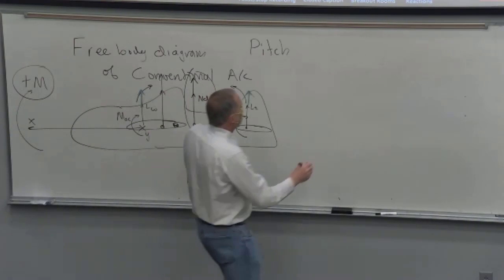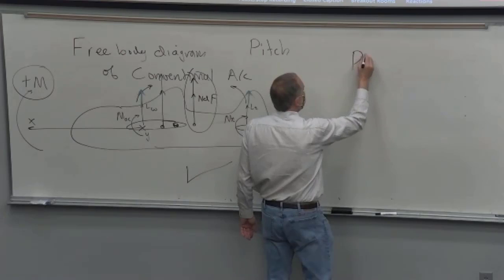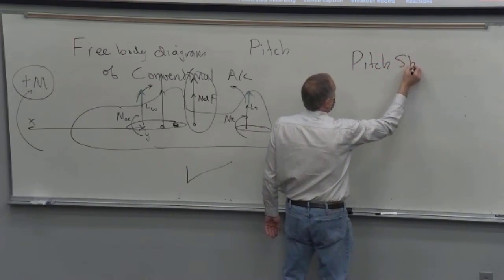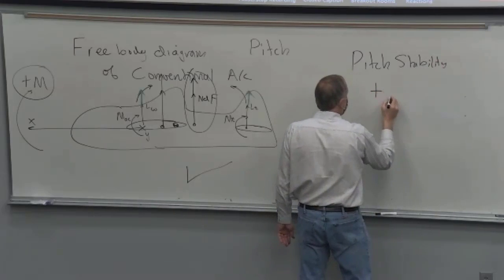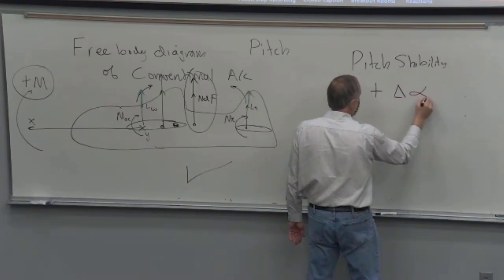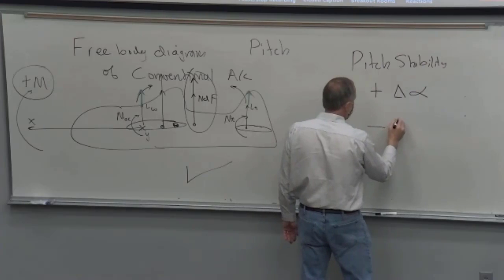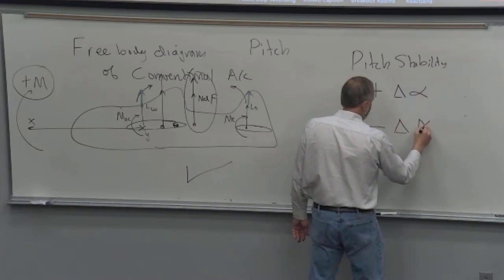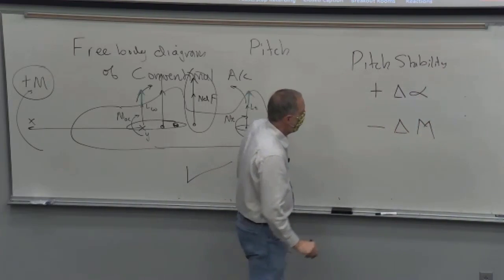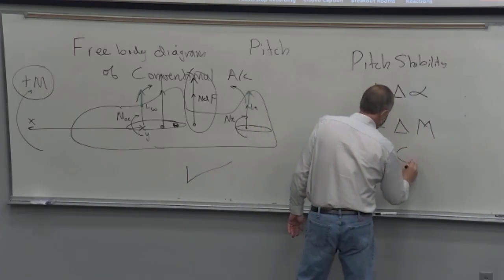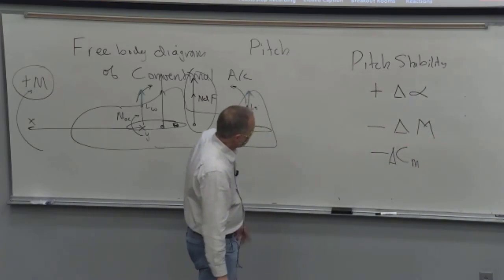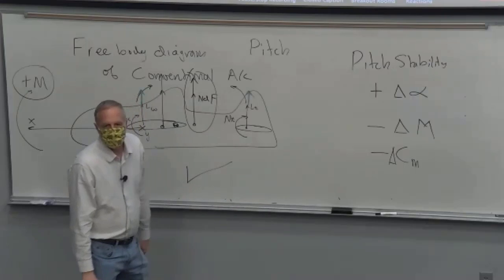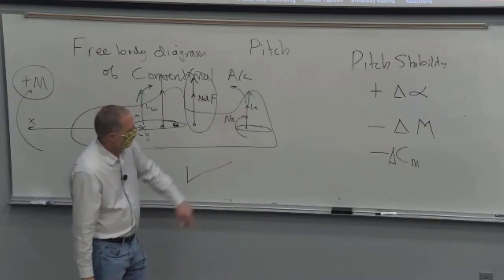So the fundamental concept of pitch stability is that for a positive increase in angle of attack, we want a negative pitching moment, or in terms of coefficients, Cm is just m over q bar S c bar. We want a negative pitching moment change due to that.